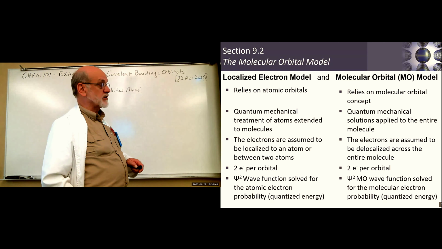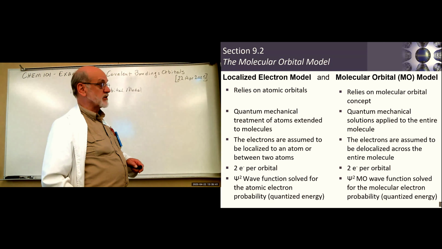The psi-squared wave function that tells us the probability of finding an electron in a certain volume of space is still the term that comes out of the quantum mechanical equations, except that in the molecular orbital wave function, it has a different look to it.